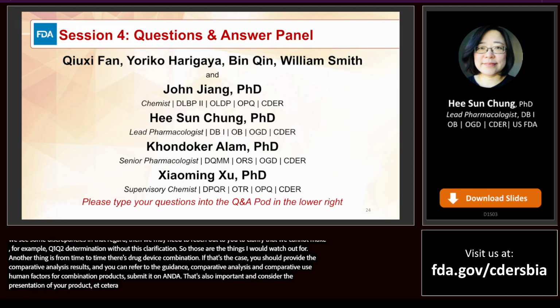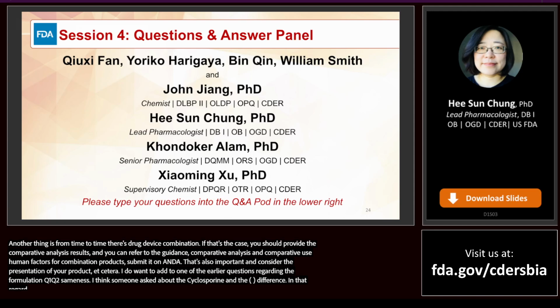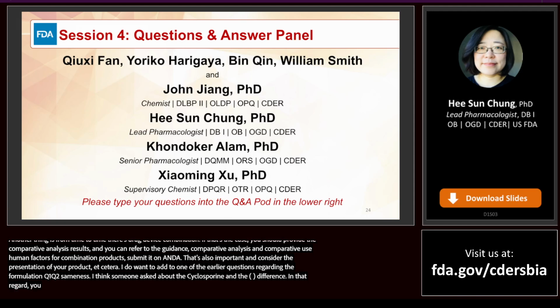I do want to add to one of the earlier questions regarding the formulation Q1, Q2 sameness. I think someone asked about the cyclosporine and the pH adjuster difference. In that regard, you may very well be aware that the agency posted a guidance last year related to pH adjusters for ophthalmic, otic, and parenteral drug products.